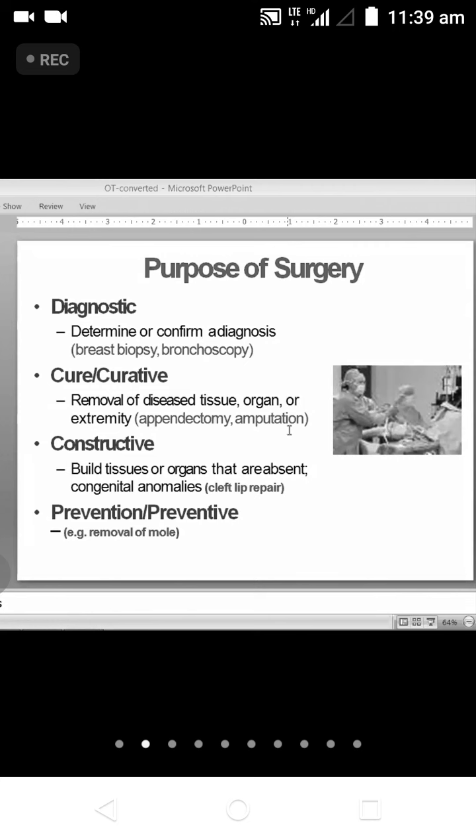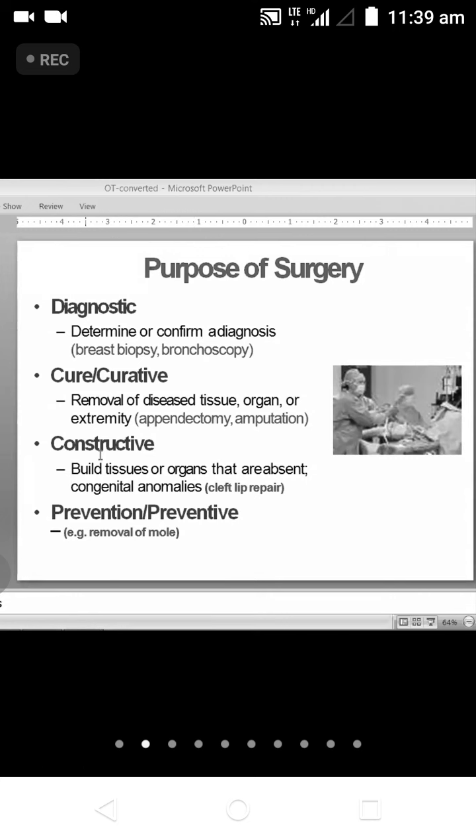If you find gangrene or anything else which can affect the other areas of the body, they go for an amputation. Amputation is removal of the affected body part. So that is the curative purpose.